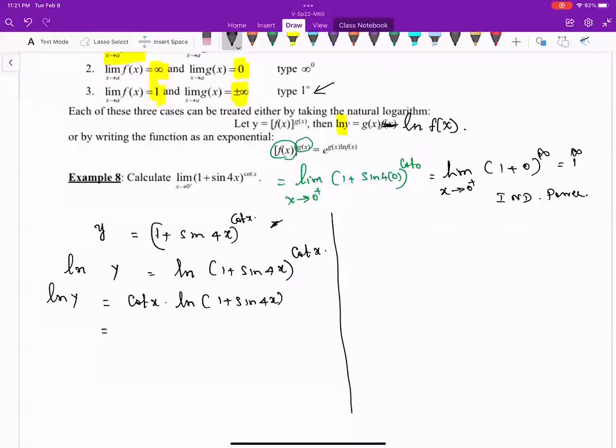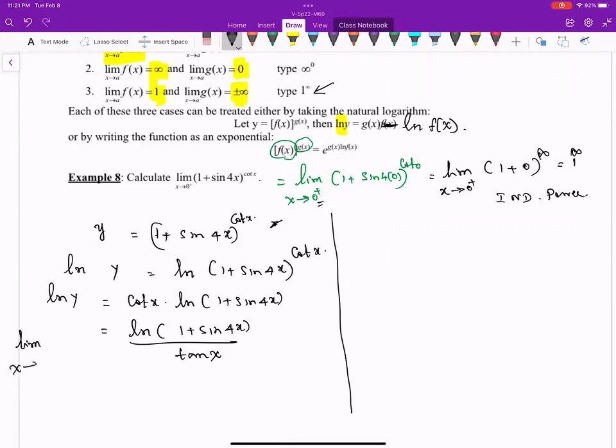Cotangent x is, after all, 1 over tan x. So ln of 1 plus sine of 4x, with cotangent being 1 over tan x, so tan x goes in the denominator. Now, x is approaching 0 from the right. Let's try to apply the limit.